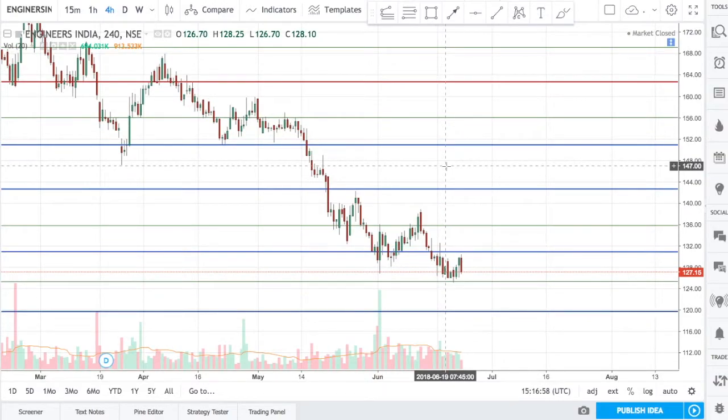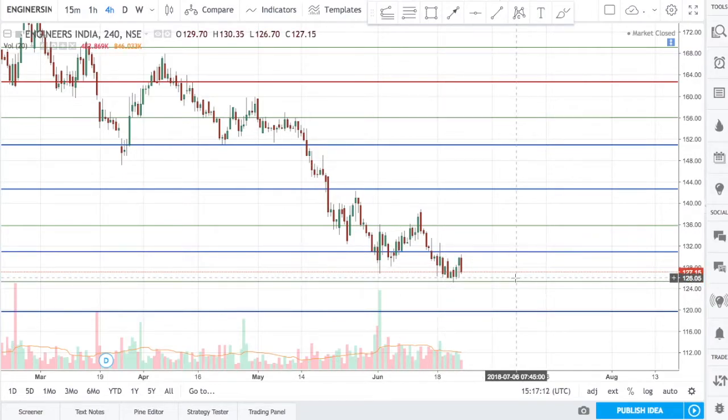Just as in the case of Bharat Electronics, the volumes on the way to the downside are gradually and steadily decreasing, which opens up an opportunity to go long on Engineers India, or EIL. Let's see how.